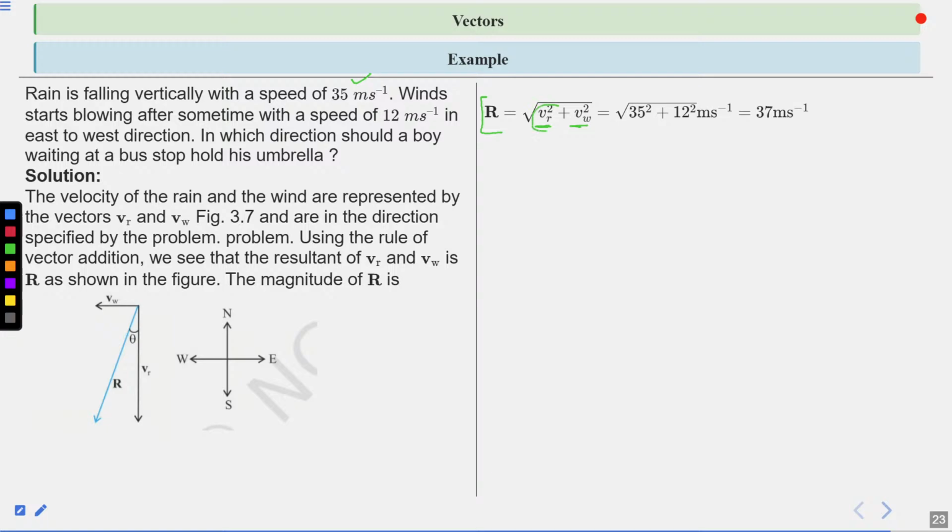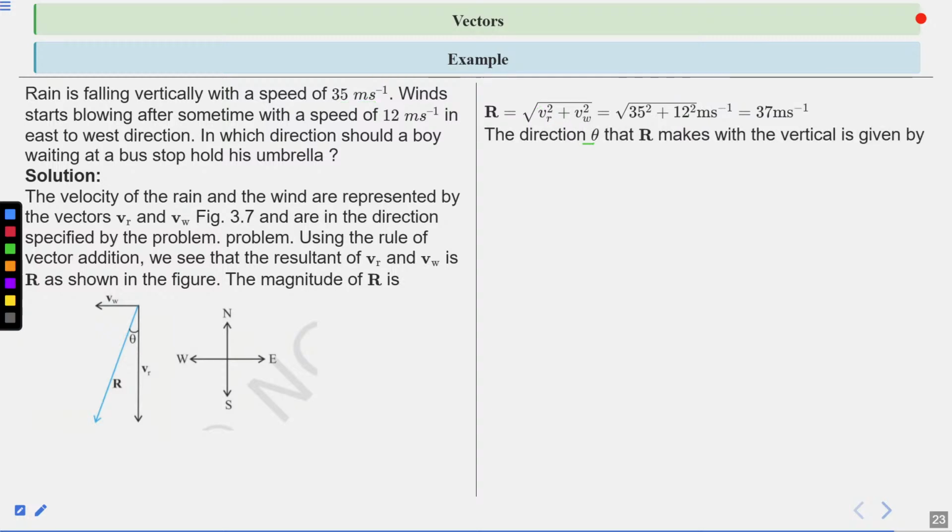What is VR? That is 35. The square of 35 is 1225, and the square of 12 is 144. So it will be 1225 plus 144 under root. After adding and taking the square root, you will get R equal to 37 meter per second.